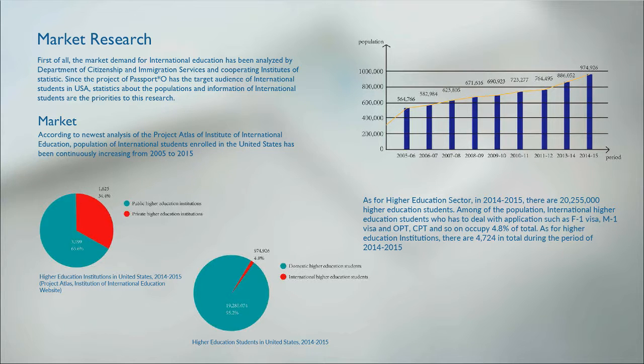As you can see during the market research, the population of international students is growing bigger and bigger. After 2013, there are more than 800,000 people as international students.